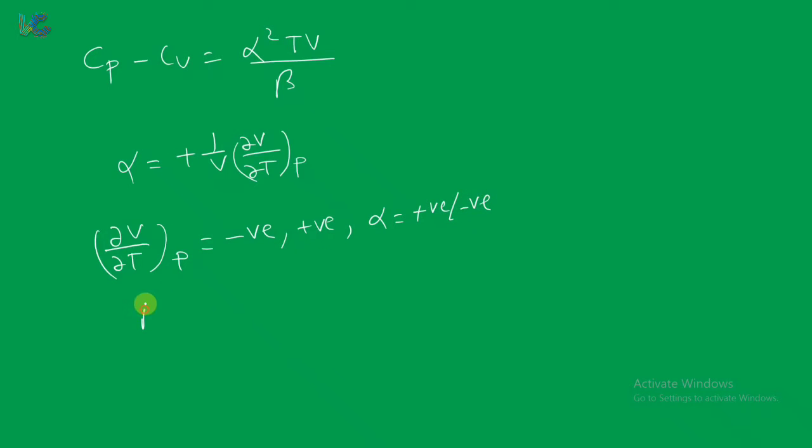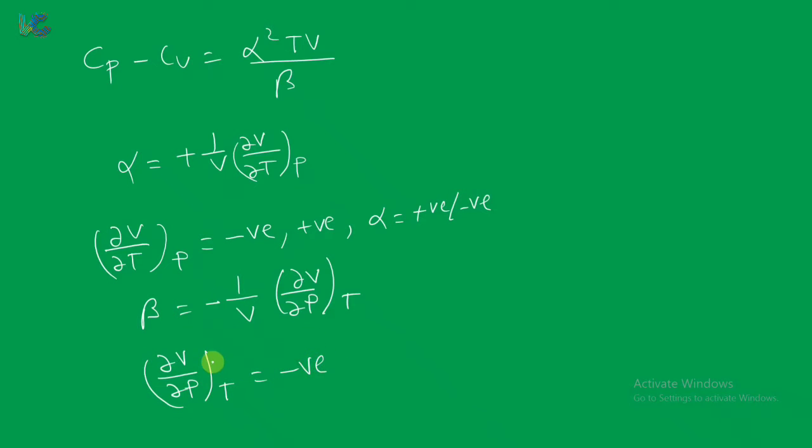But if you see the mathematical expression of beta, beta is equal to minus 1 by V del V del P at constant T. The change of volume with respect to pressure at constant T is always negative. Since there is already a negative sign, beta is always positive. So alpha can be either positive or negative, but beta is always positive.